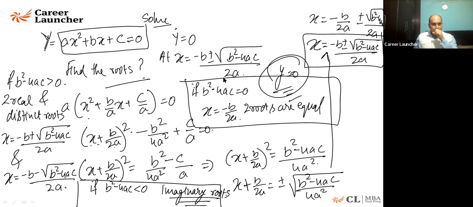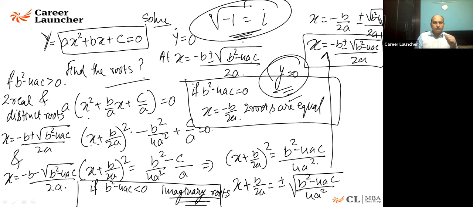And the last one is, if b square minus 4ac is negative, it comes out to be imaginary roots. Why? Because inside the root you cannot have a negative term. I'm sure all of you know root of minus 1 is known as iota. Please ask if there is a query.